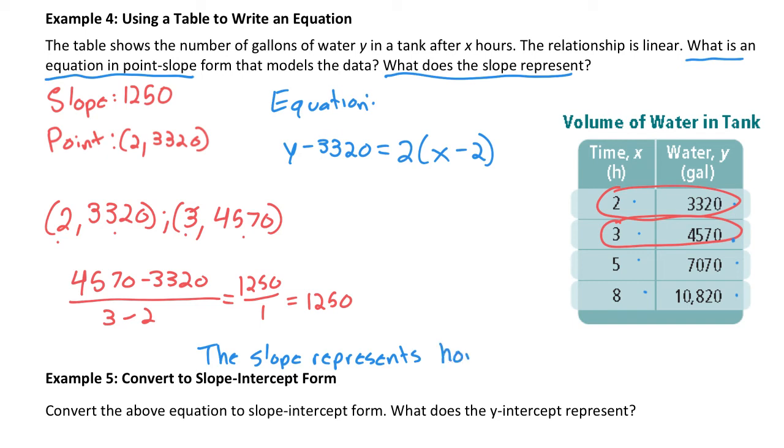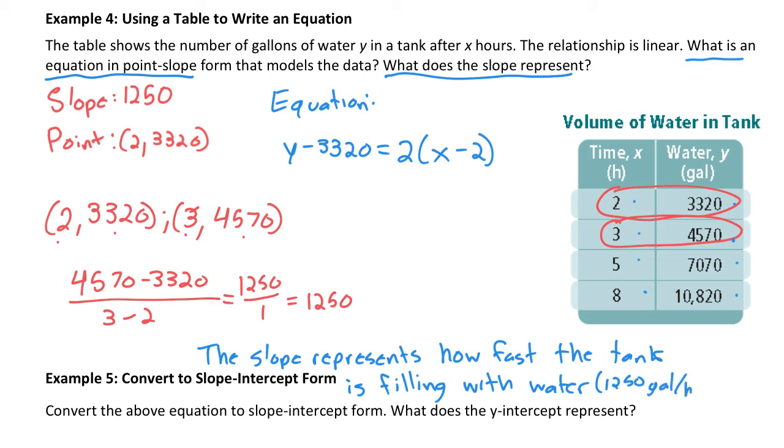It represents how fast the tank is filling with water. And the speed it's filling with water is 1,250 gallons an hour.